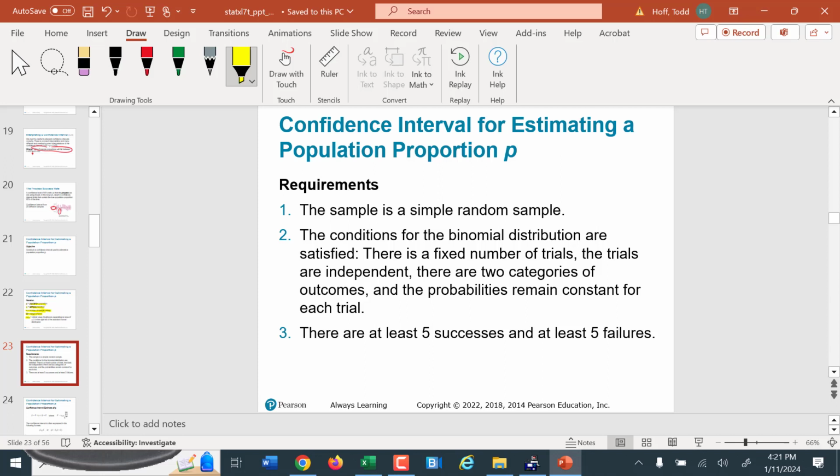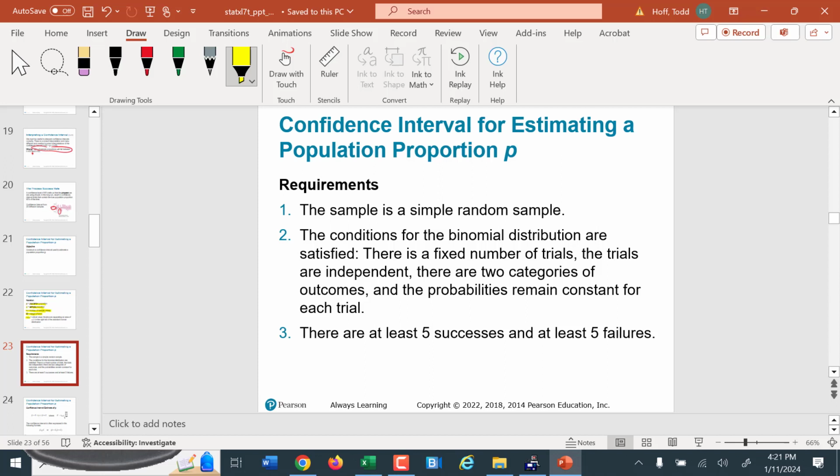One person taking online courses does not affect the probability of the next person taking online courses. And the probability that they're going to take online courses is constant from one person to the next. We didn't wait a year in between surveying people. And then we can reasonably expect at least 5 successes and 5 failures.